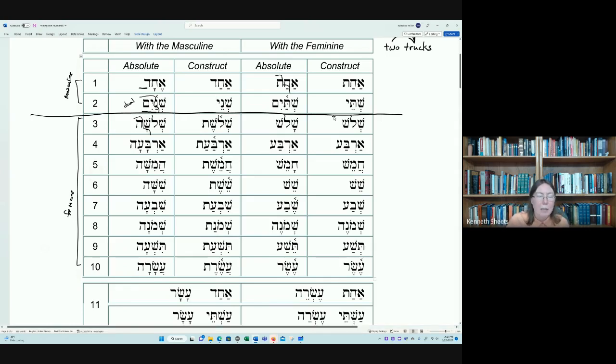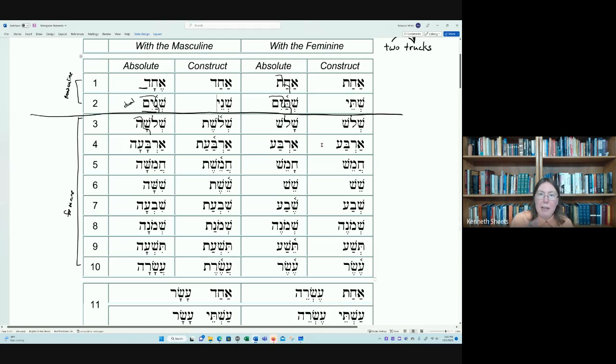It fits. And then here you can see instead of shenayim, we have shetayim. And so thus again, it has that dual ending, and the tav lets me know that it is feminine. So it all fits. But then as soon as we come down to the numeral 3, notice what we have here. We have shalosh.